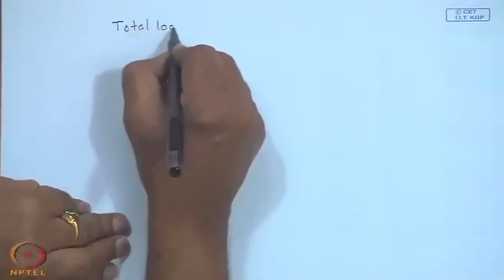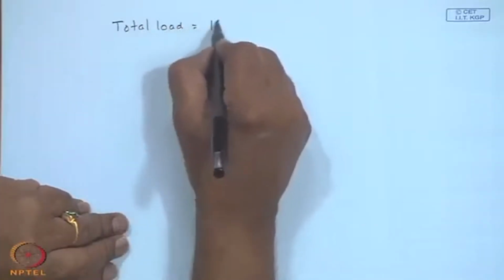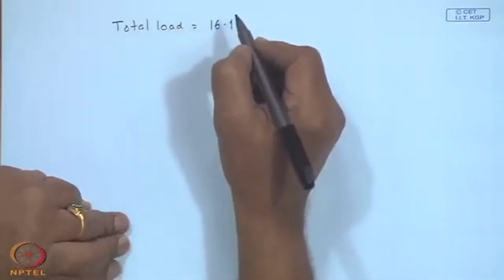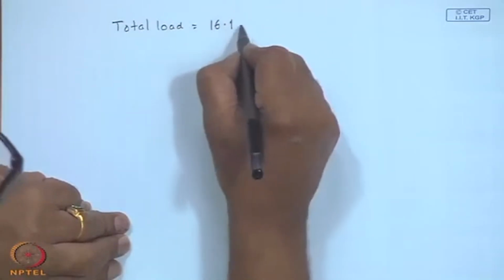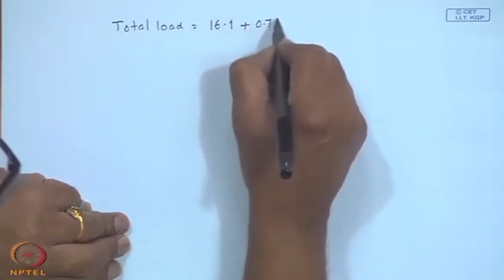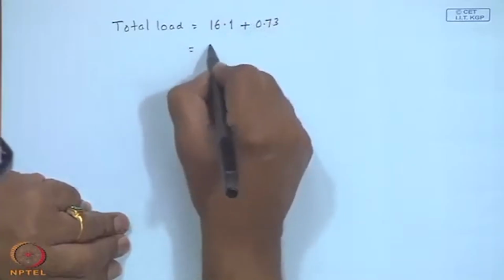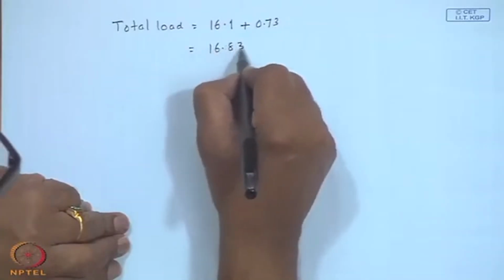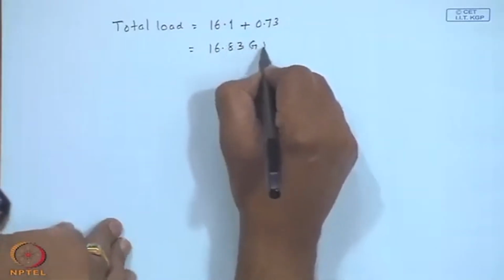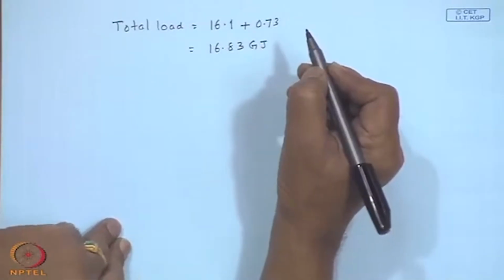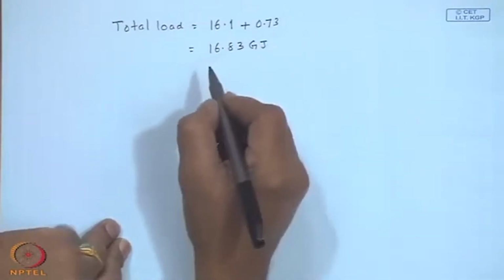Then now the total load is 16.1, that is the original process heating load, plus the tank loss 0.73, which will be 16.83 gigajoules instead of 16.8 if we had not included the heat exchanger.